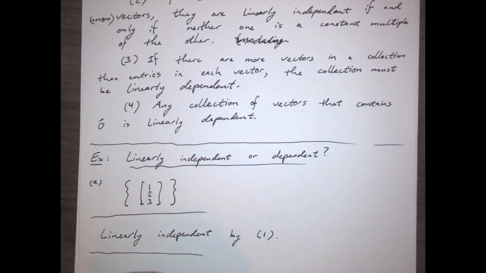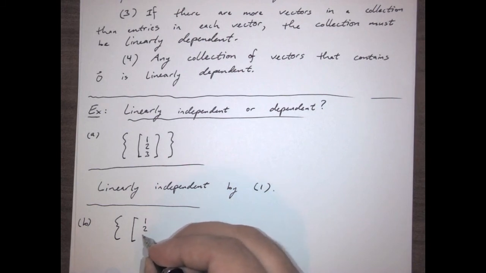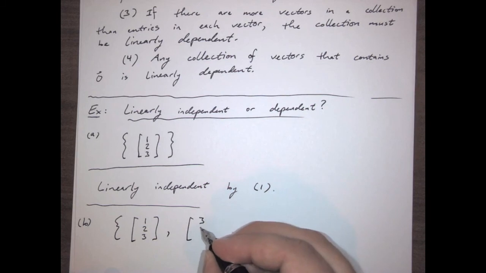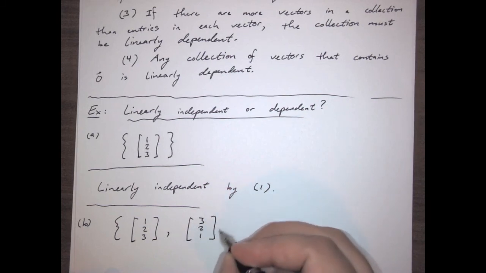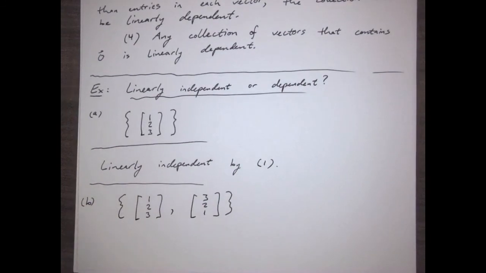Let's say we had B, a pair of vectors, 1, 2, 3, and 3, 2, 1. Now looking at this, it's clear that this is not a multiple of that and vice versa.